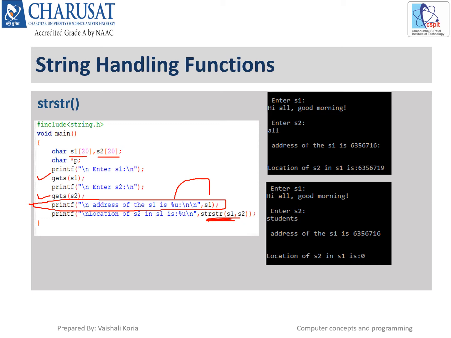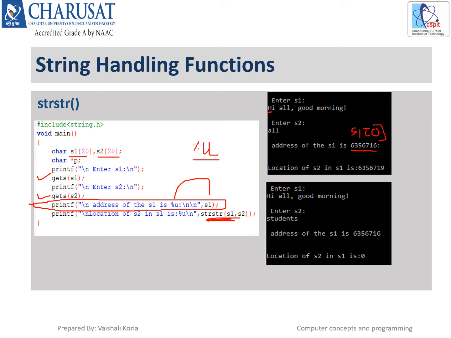Addresses cannot be negative, so to print unsigned values we use the format specifier %u. Now see the output: the address of s1 is 6356716, which is the address of the first element of s1, that means the address of s1[0], or the address of this H.